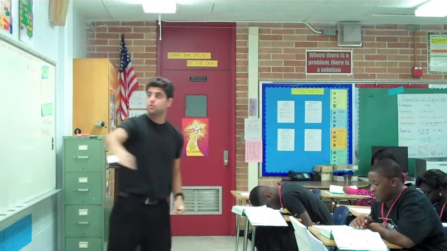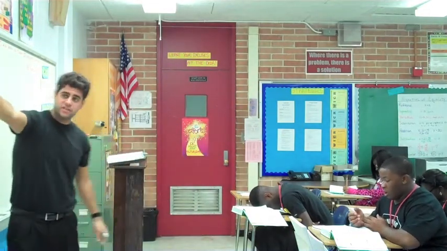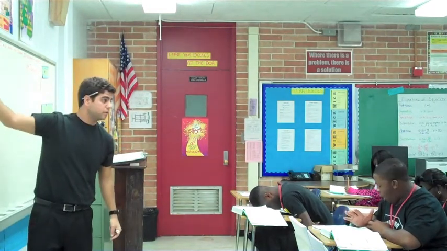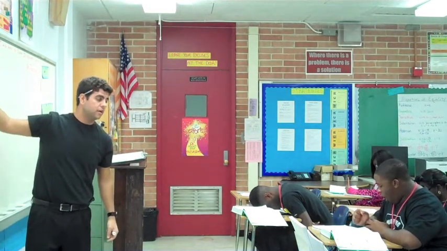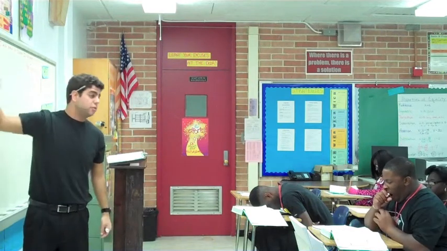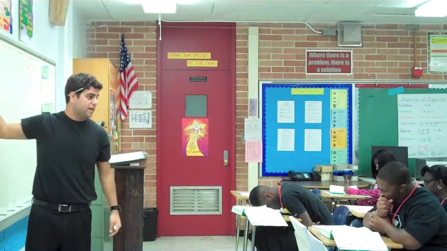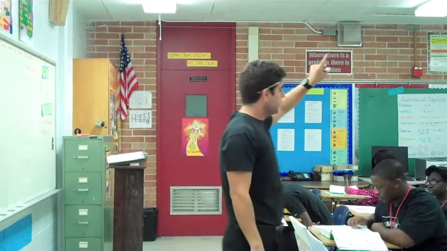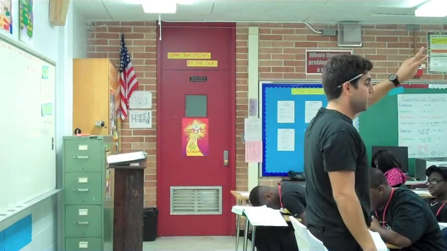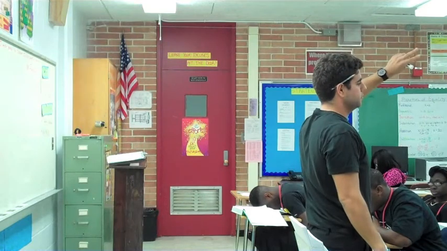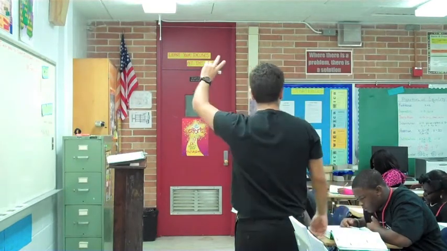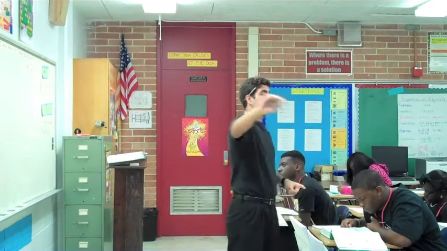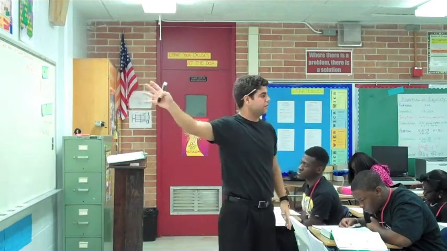If this was a multi-step equation like in the warm-up, we would be distributing. We would multiply this by 2, and then we would be distributing. But we are working from the outside in. That's star number 1. Number 2: with literal equations, we will not distribute. Sign it in blood. We're not distributing with literal equations.